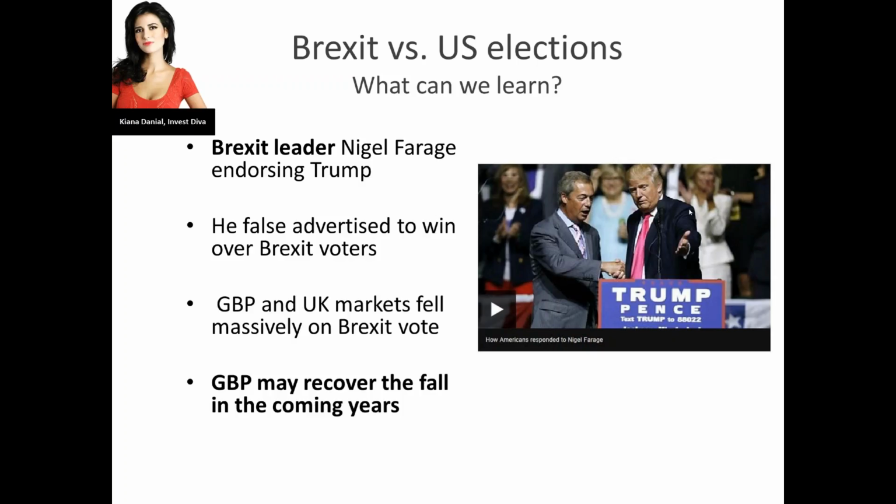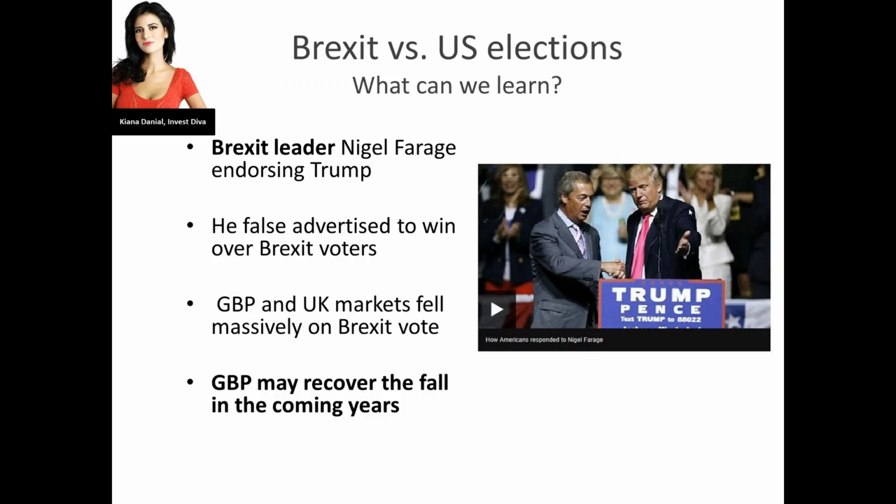And a lot of British people, as far as I understand, thought that they were blindsided and lied to. On Brexit, as we all witnessed, the British pound and the UK markets all fell massively the day after. And right now, it's kind of recovering. The British pound is on its way to a little bit of a recovery for technical reasons.